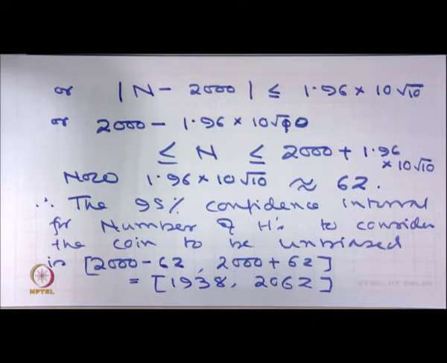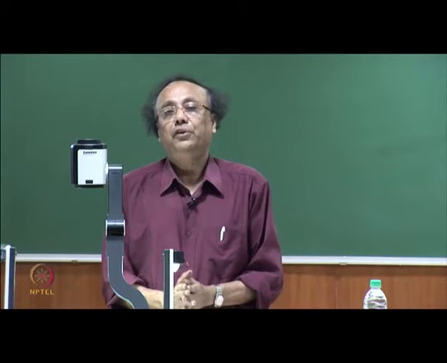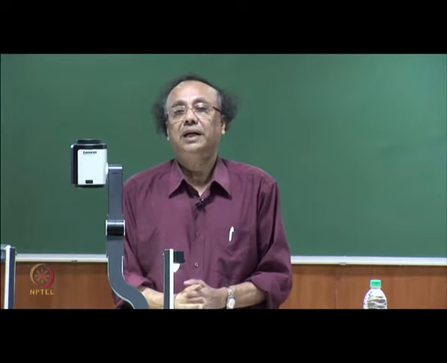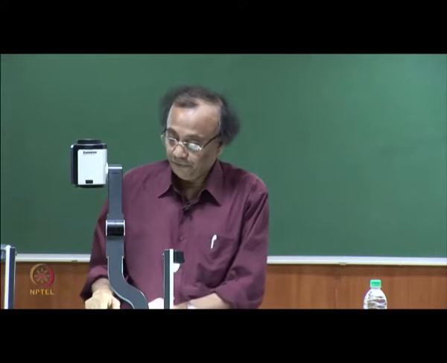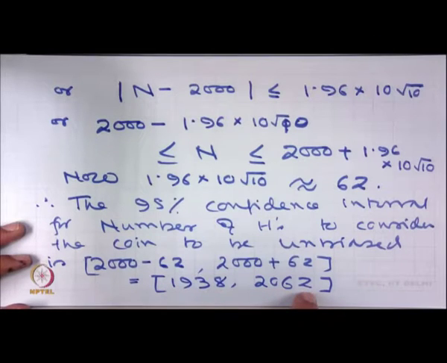Or in other words, if we toss the coin 4000 times and the number of heads obtained is in this range between these two values, then we are 95% confident that this coin is unbiased.